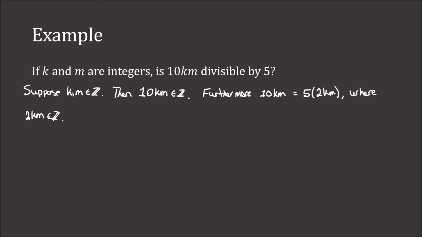So we just wrote 10km as 5 times an integer q, which means by definition 5 must divide 10km. So yes, 10km is divisible by 5.